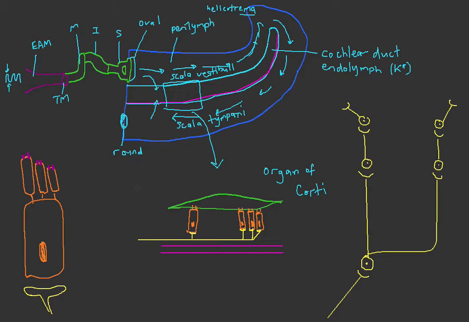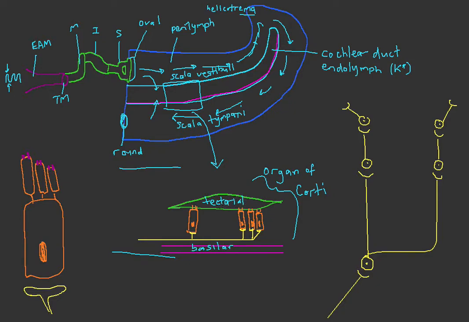And so we have our cochlear duct, and here's sort of what it looks like inside. Here's the organ of Corti, and there's some more terminologies we should get familiar with. The basilar membrane at the bottom, and then this is the tectorial membrane.